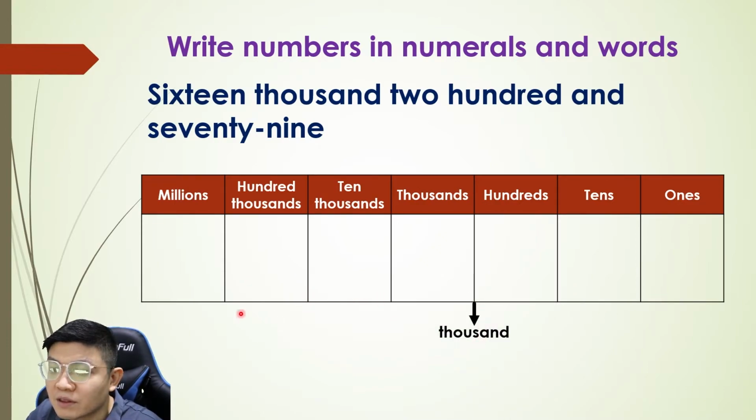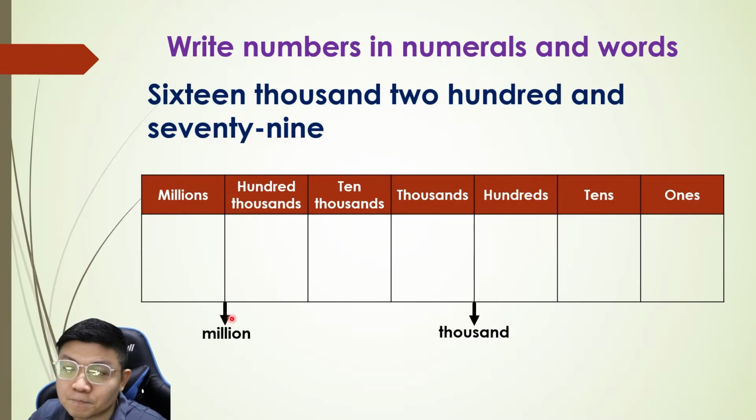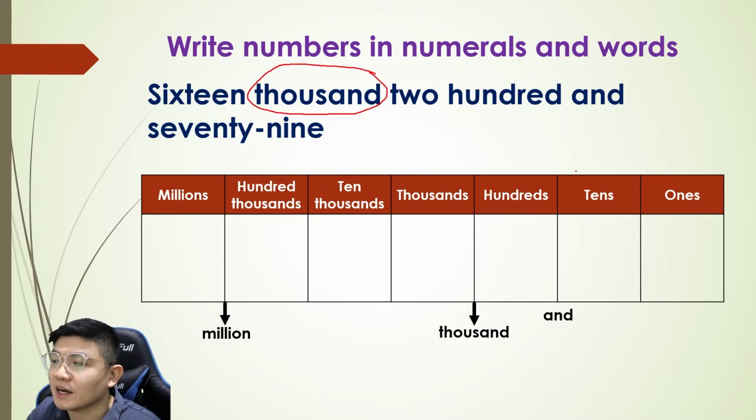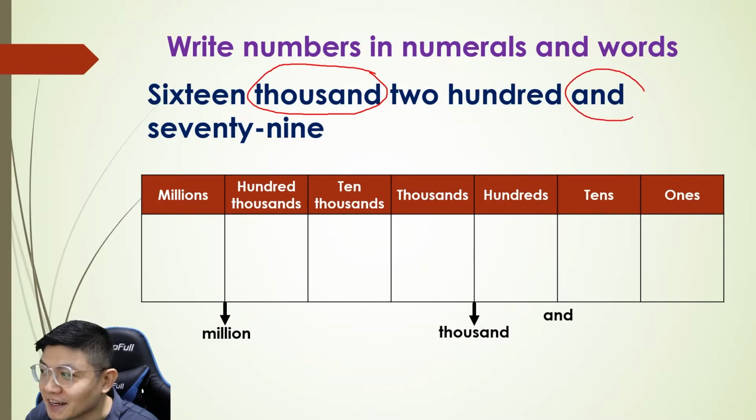And 1, 2, 3, and put in the gate of million. And of course, don't forget there is an n in between 100 and tens. Alright, next step, we circle the main keywords here, which is the gate of thousand and the n here.